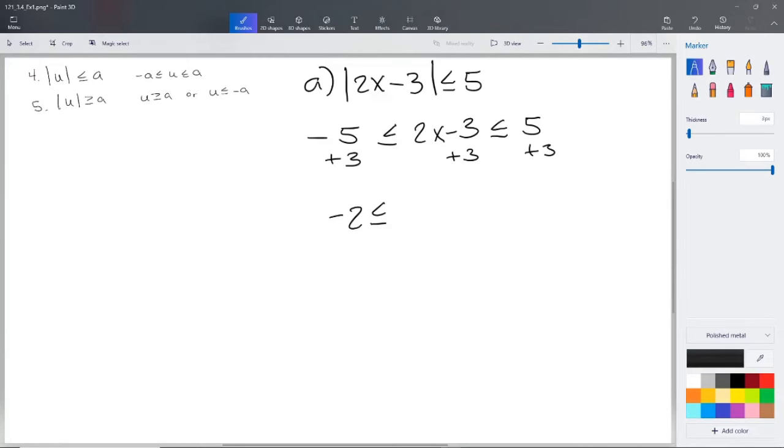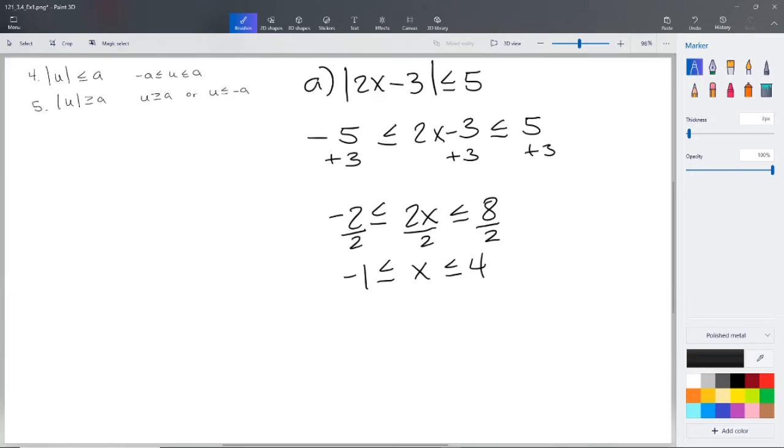We've got our negative 3 and positive 3, which means just 2x in the middle. And 5 and 3 makes 8. Then we're going to divide everything by 2 because we want just 1x in the middle, not 2x. That's going to give us a negative 1 there and a positive 1x here. And 8 divided by 2 is 4. And so x is between negative 1 and 4, and that's a great answer. It's not an interval notation answer.